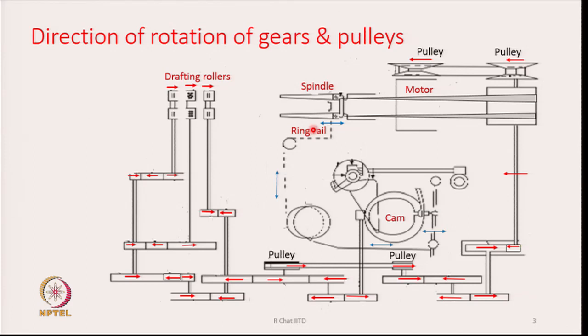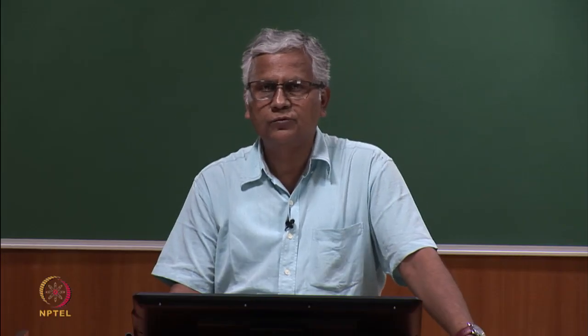So, a full understanding of these two aspects is very necessary when you are actually walking on the shop floor, or while you are trying to understand how a machine really works.